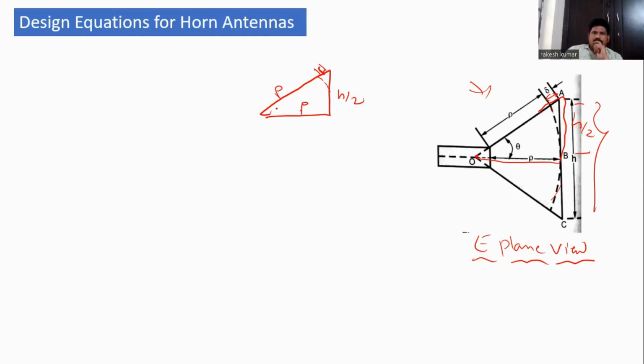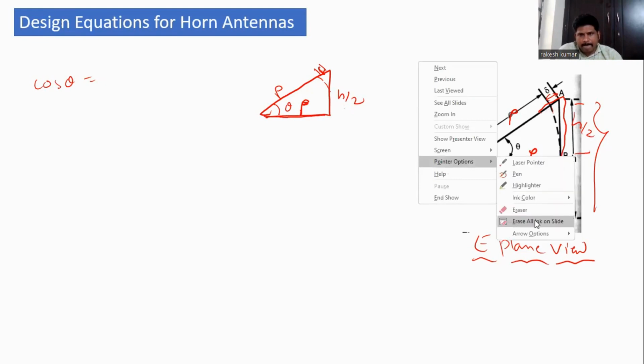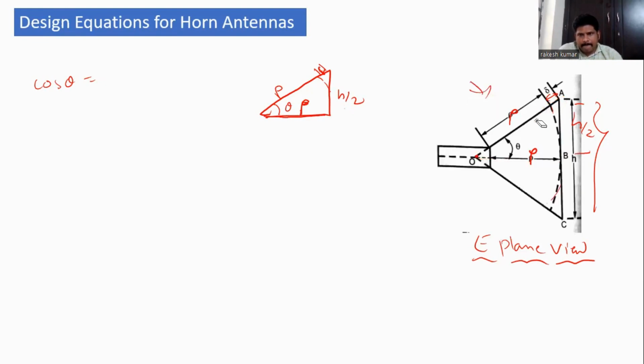So what is the formula for cos theta? Cos theta is equal to the adjacent side by the hypotenuse.